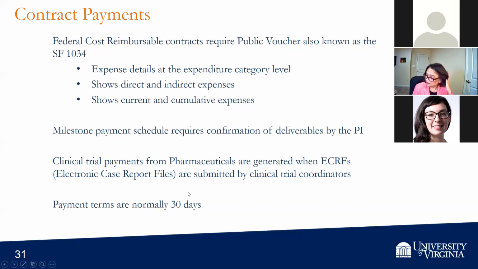Clinical trial payments generally come from the CRCs who are uploading the patient visit information to the sponsors, to the industry or pharmaceutical company side, and then payments are generated. So for clinical trials, we do not have the invoices entered into Oracle.